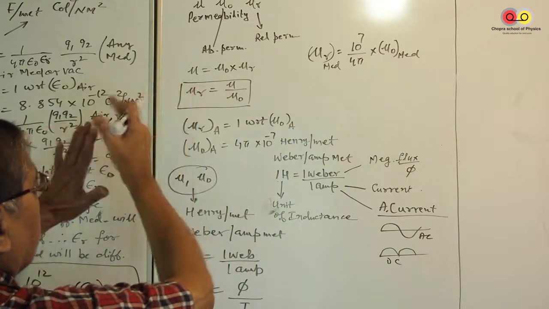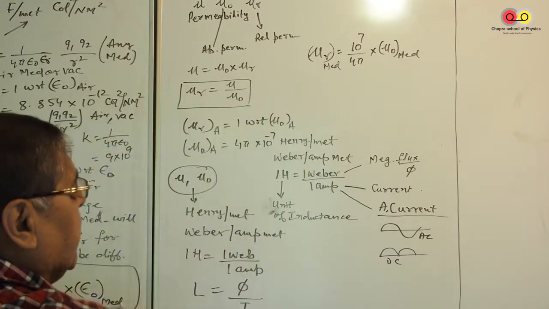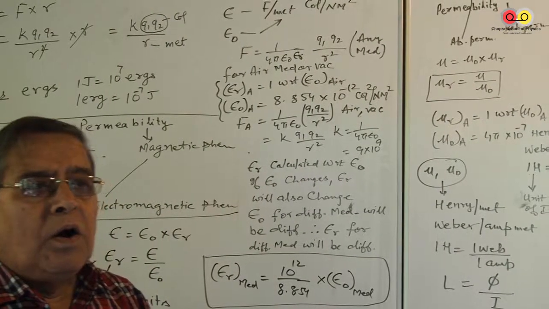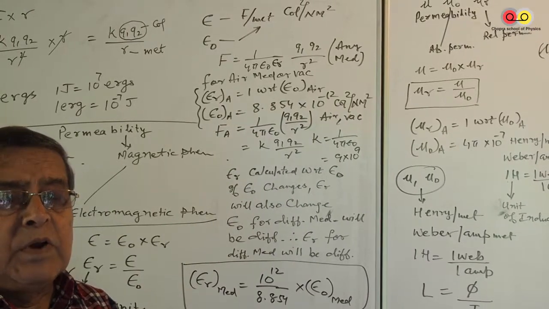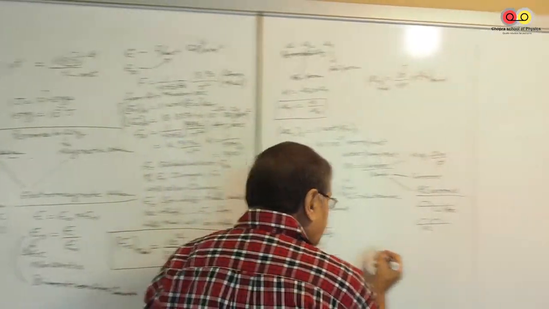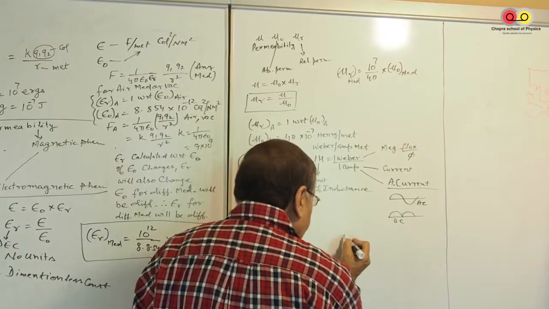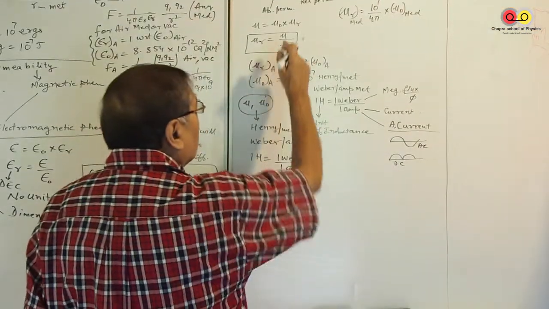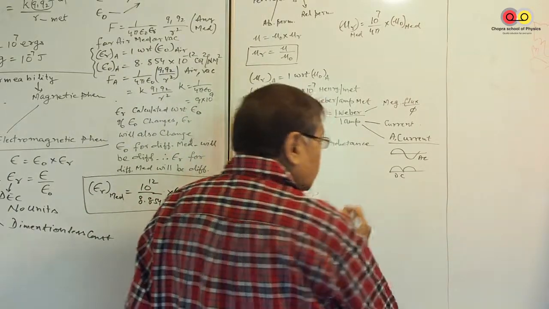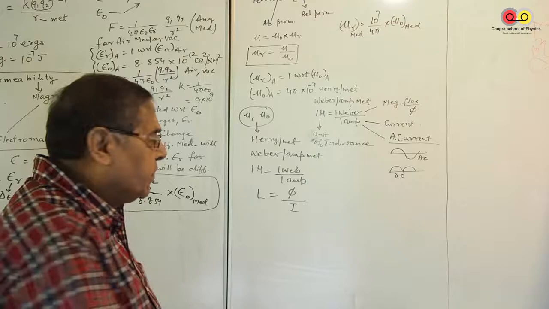If you combine permittivities and permeabilities, we come to a general formula of the velocity of light, the velocity of electromagnetic wave. So you will remember that both the concepts combine to get the velocity of light.